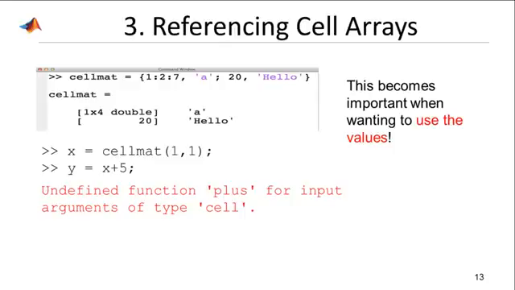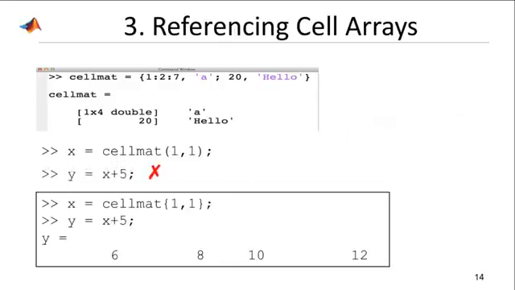That doesn't mean anything to MATLAB. So this version doesn't work, but the other one works. To add 5 to the content, so to the vector of values inside cell 1,1, use curly braces. In that case, MATLAB opens the door, looks at your vector of 4 elements, and adds 5 individually.